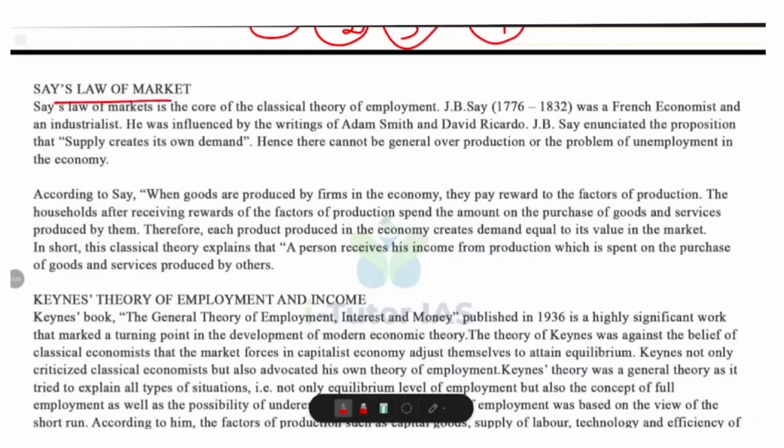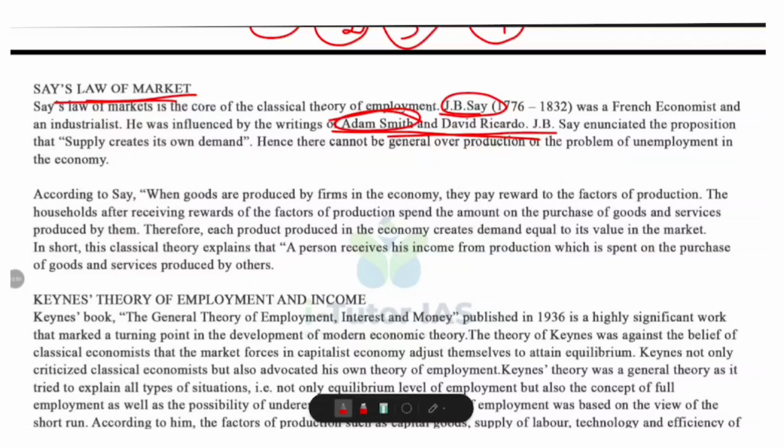Now, Say's law of market. Now let's look at the core idea of the classical theory of employment, which is Say's law of market. This law was given by J.B. Say. He was a French economist and industrialist. He was greatly influenced by Adam Smith and David Ricardo. Adam Smith is also known as the father of economics.